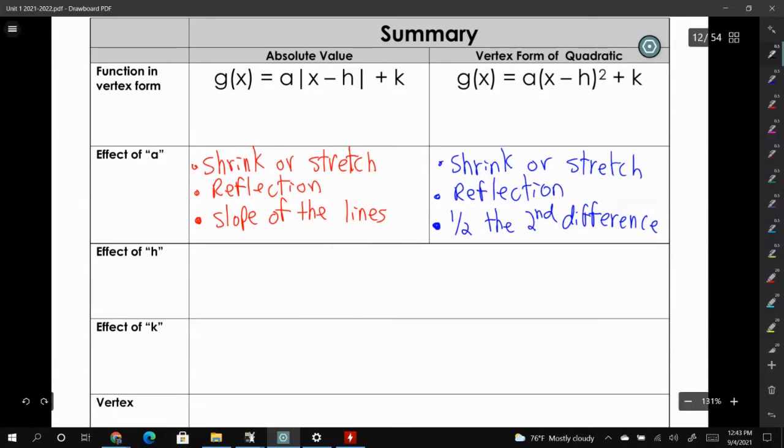The effect of H, the same effect. It's your horizontal shift. And again, it is the opposite of what you see.